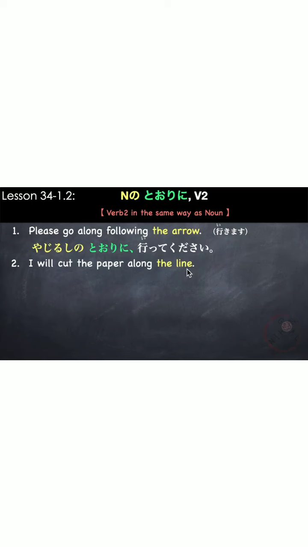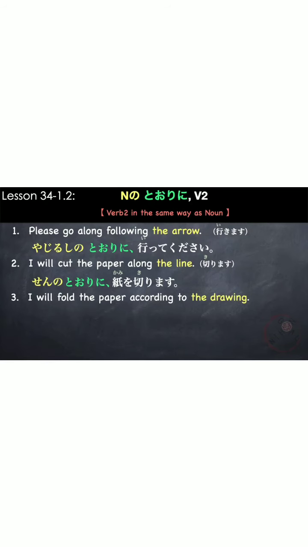I will cut the paper along the line. Our noun is the line and our verb is cut, which is 切ります。線 or line, 線の通りに紙を切ります。Next, I will fold the paper according to the drawing.